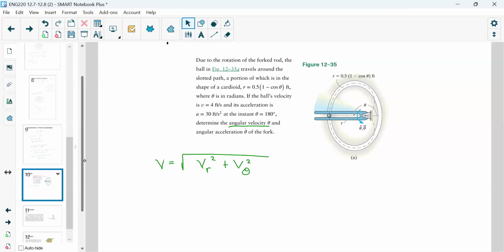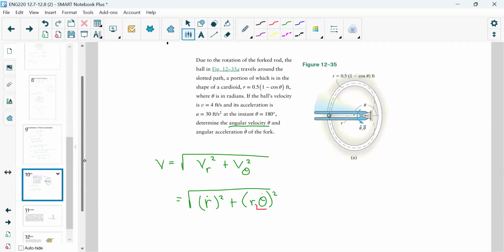V sub R is then going to be R dot squared, right? V sub theta is then going to be R theta dot squared. I want to figure out this one here, this theta dot, my angular velocity.